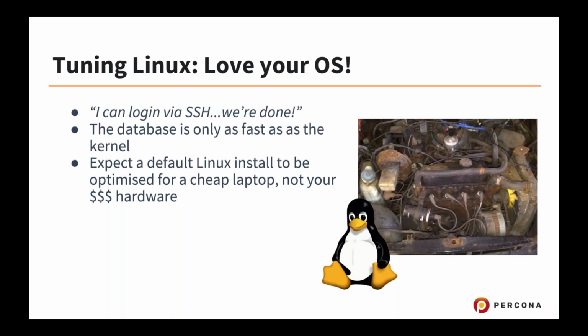This slide I thought was important to cover: tuning Linux, love your OS. Your OS is really important. The database needs it to be running just as well as itself.